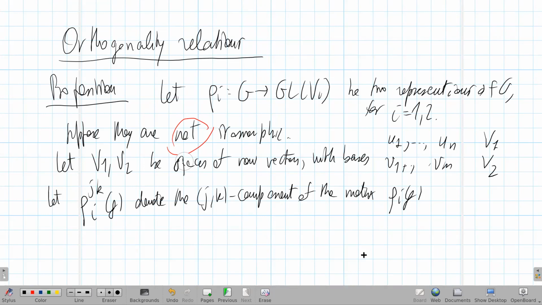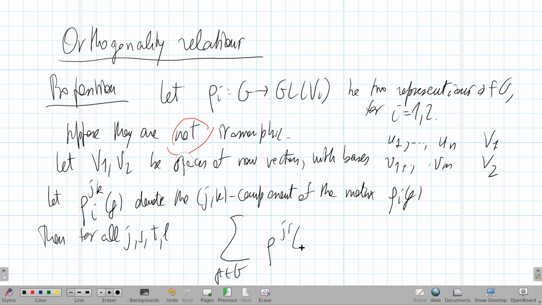Well, then, for all j, s, t, and l, for all indices, which will run in a way that we'll see in a second, you have that if you sum over G, rho 1 js of G inverse times rho 2 tl of G, this is 0.